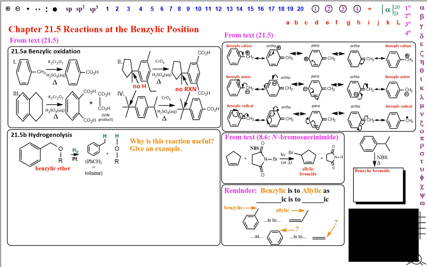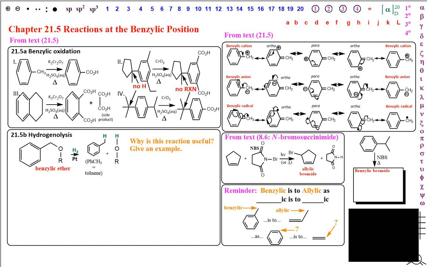Further resonance generates a para cation, where the cation is as far away from the group as possible, and the final resonance structure, where the cation seems to have disappeared, is another ortho position cation, with the cation on a carbon one away from the group that's already on the benzene.